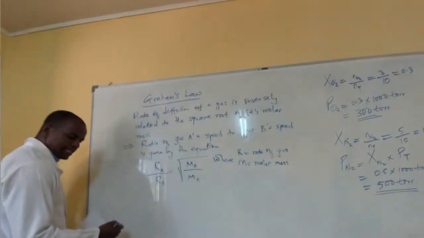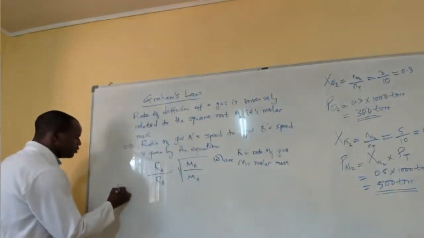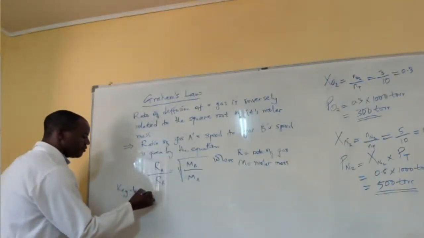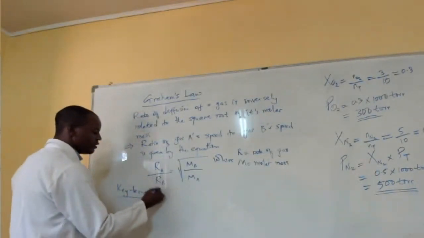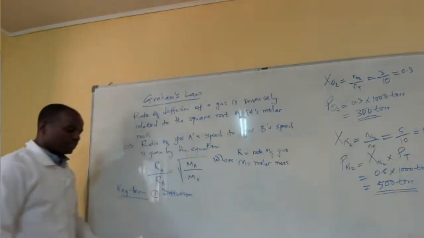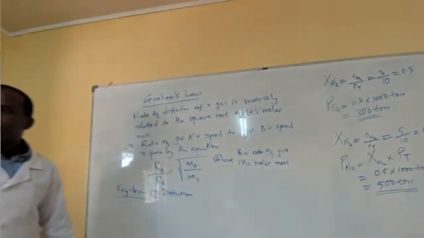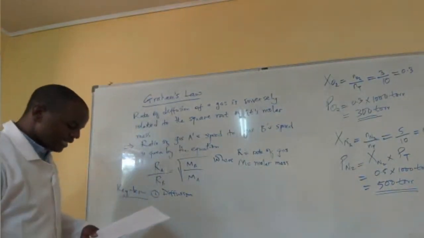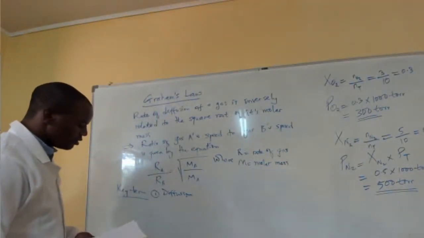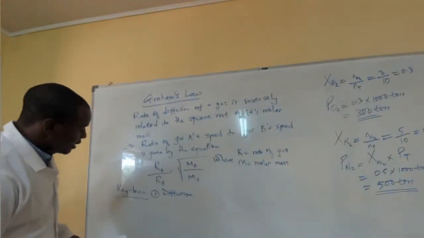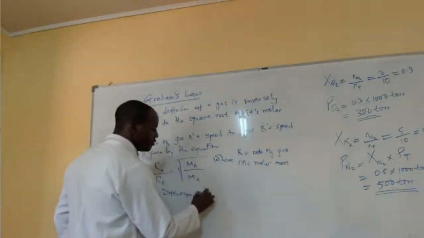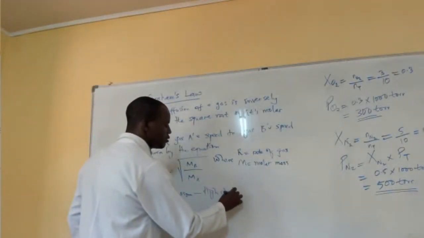Now, there are certain key terms that are used in Graham's law. One is the common one, which we all know, diffusion. Diffusion is the movement of gas particles from a region of high to low concentration. So this one is well known, it's just movement of gas particles from high to low.